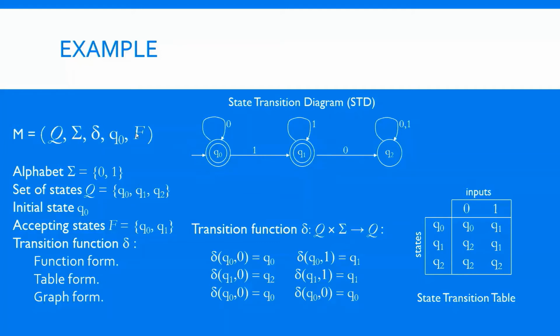So in this example, F is {Q0, Q1}, only 2 final states. Q contains 3 states, Q0, Q1, Q2, but out of these, only these 2 are your final states. So you can observe that Q0 is the initial state, Q0 is also a final state, and along with that, Q1 is another final state.